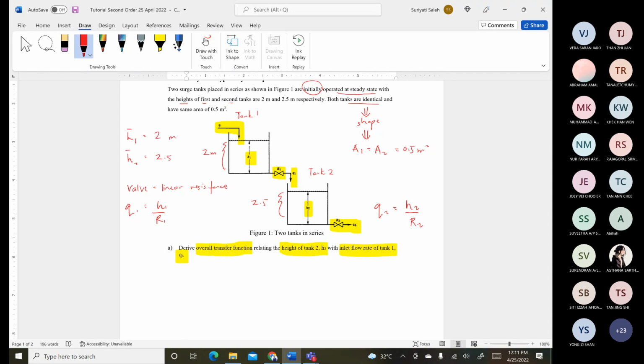So we start with the overall mass balance. In this case, you have two tanks. When you have two tanks, normally we go from left to right. That means we start with tank number 1, and then go on to tank number 2. So here we develop the overall mass balance for tank 1.